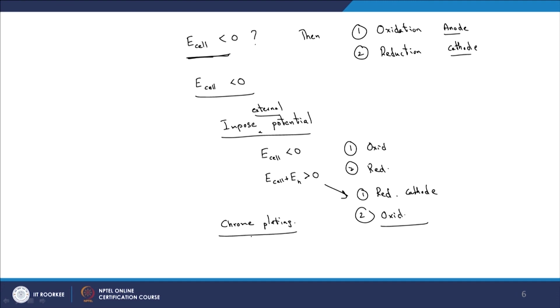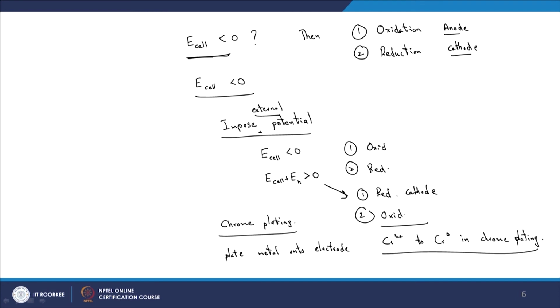What are we trying to do? We are trying to plate the metal onto the electrode, and as in Cr3+ we want to make this favorable, which is usually not. So for that we apply the external potential.